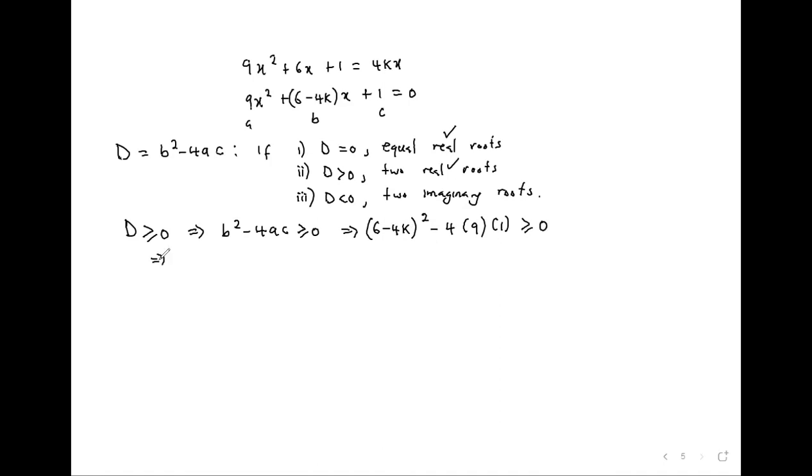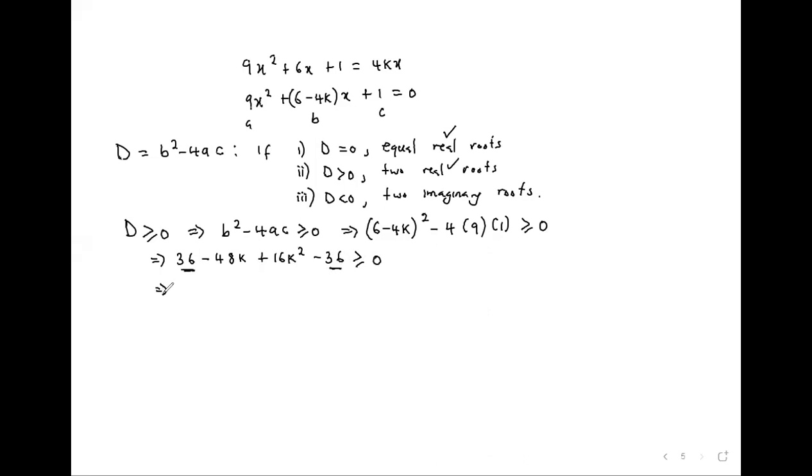As you can see, there's only k in here, so it becomes easy for us to solve. You expand, you get 36 minus 48k plus 16k squared, and then minus 36 is greater or equal to 0. Positive 36 and minus 36, we get 0.